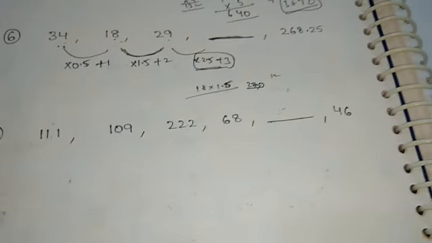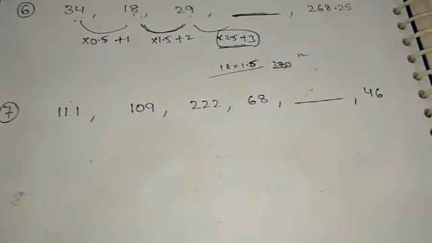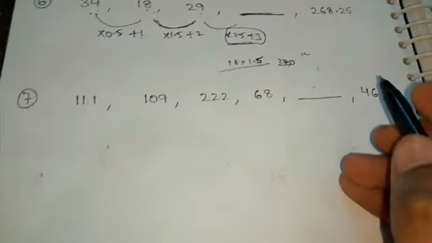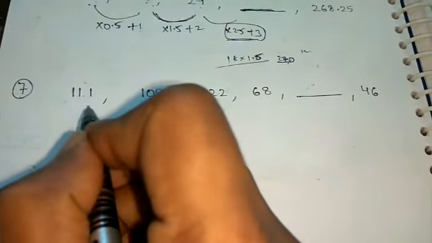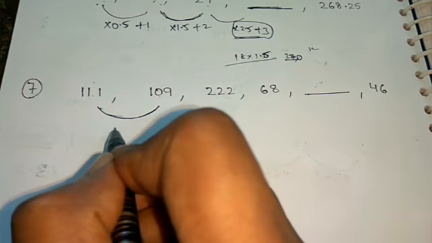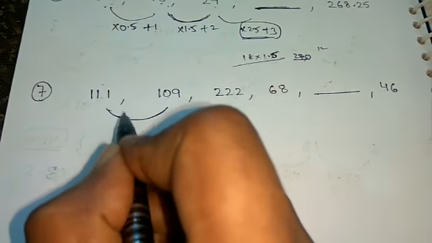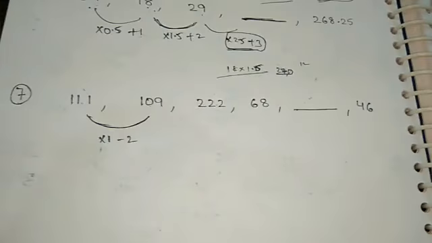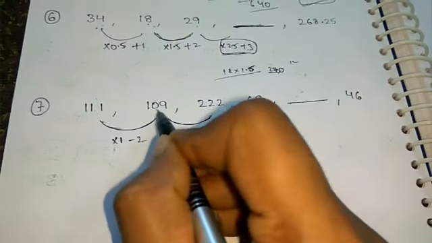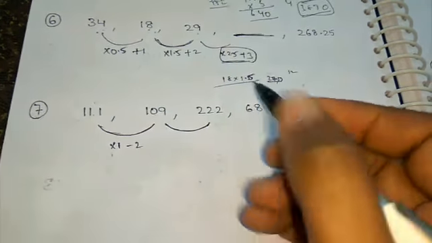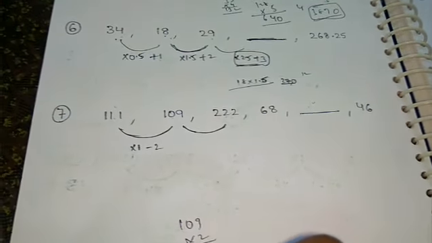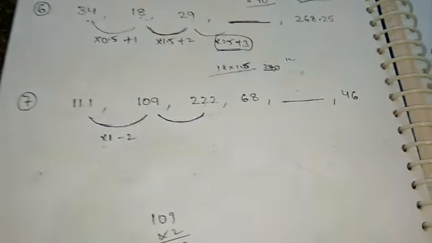If in the options there is no 333 present there, what should we do? So now we should find the logic here. What is happening here? Into 1 is 111 and minus 2 can happen, right? Now 109 into 2: 2 9s are 18, 2 1s 2, 218, right?